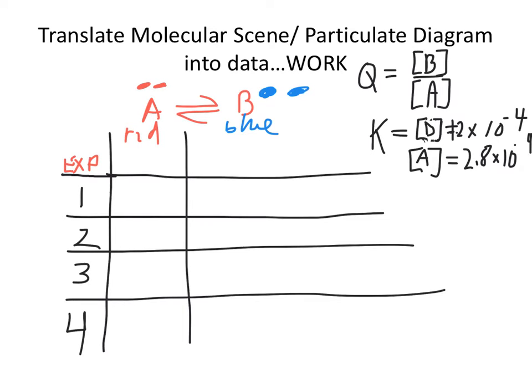So we can actually calculate a value of K before we even start. And we know that the equilibrium constant is products over reactants, which will be like this. And K comes out to be 0.43.